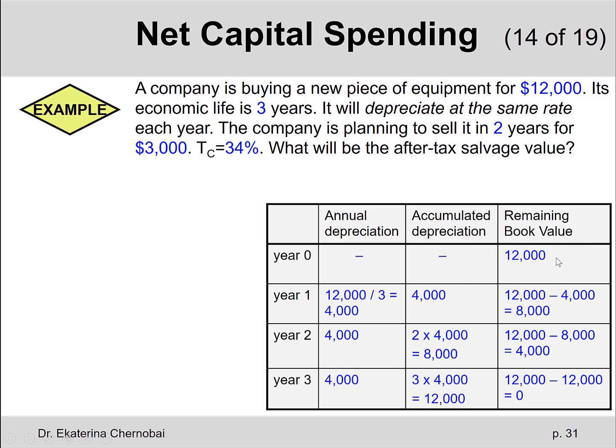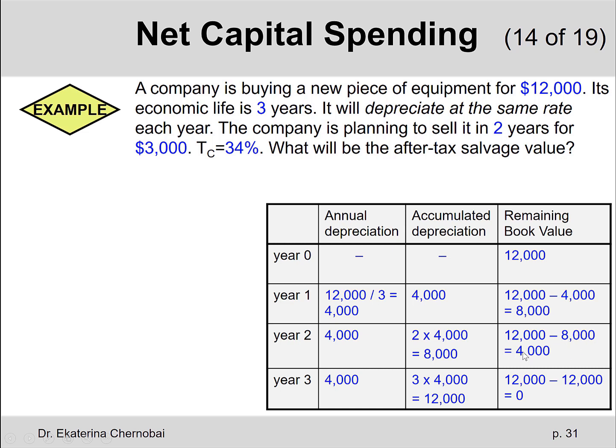So what's the remaining book value after the first year? We lost $4,000 in depreciation, so the remaining book value is $12,000 initially minus $4,000 during the first year, which equals $8,000. What is the remaining book value after 2 years? Well, we started with $12,000 in year 0, and we lost a total of $8,000 in depreciation over 2 years.